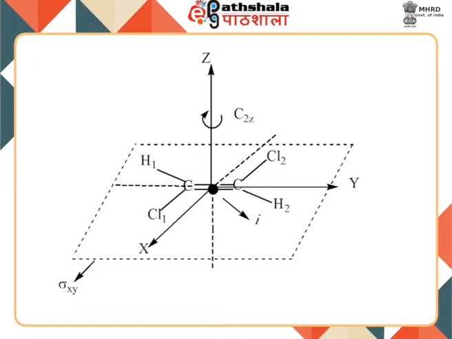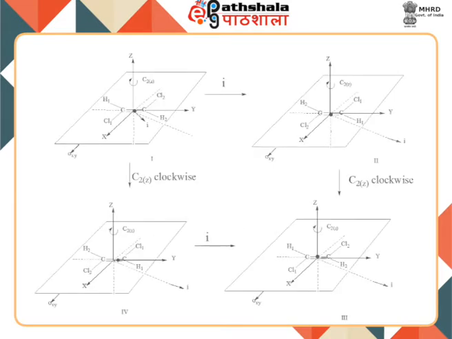These four symmetry elements generate only four symmetry operations: E, C2z, sigma xy and I, and this constitutes a group of order 4.